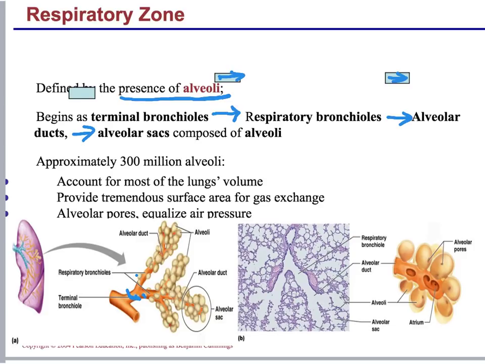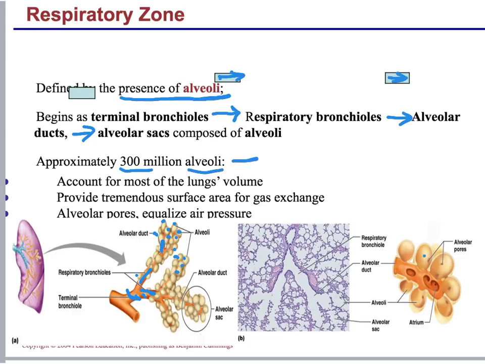So the terminal bronchioles will lead into what we call the respiratory bronchioles, and the respiratory bronchioles will lead into what we call an alveolar duct. An alveolar duct is where we have the clusters of alveoli attached. An average of approximately 300 million alveoli are within the tissue of the lungs.